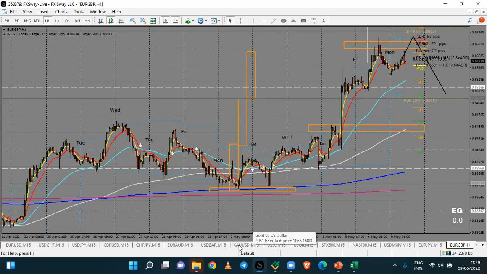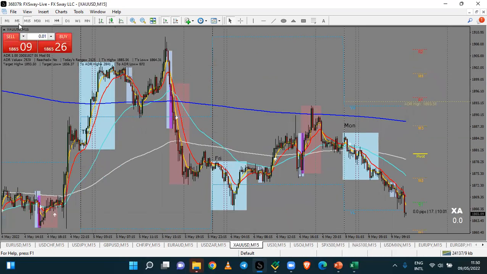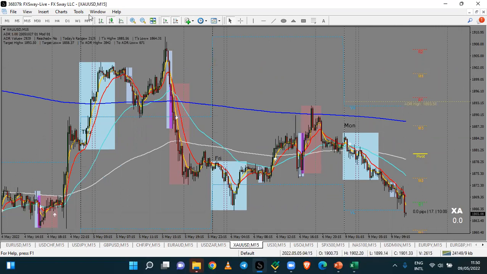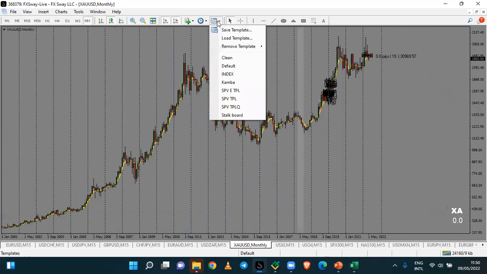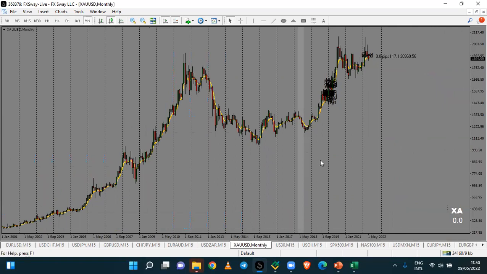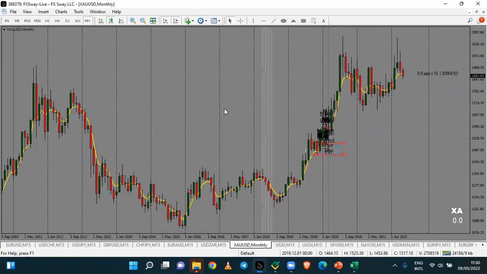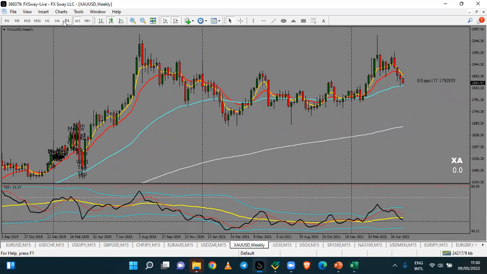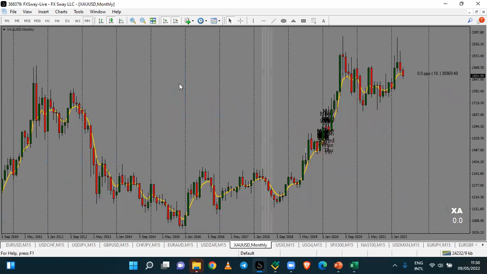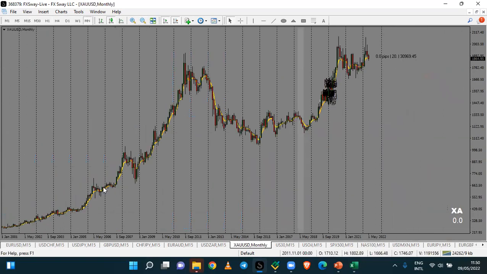Let us have a look maybe on gold. Let's look at one commodity here. When you look at the monthly time frame for gold, you would see that the speculators usually buy a lot.